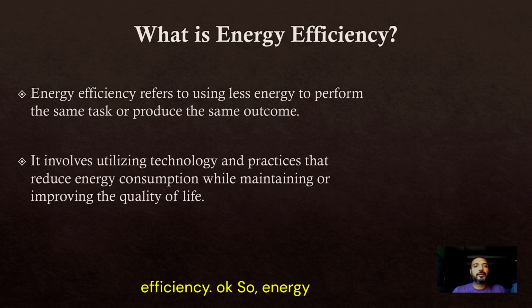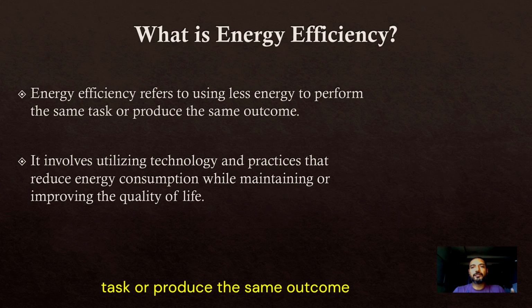Okay, so energy efficiency refers to using less energy to perform the same task or produce the same outcome. So whenever we talk about energy efficiency, it's a ratio of output divided by input, right?